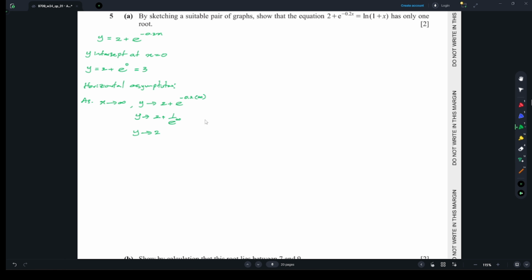Then let's also take x goes to negative infinity. Then y goes to 2 plus e to the power minus 0.2 times minus infinity, so minus minus is plus infinity. e to the power plus infinity is infinity, plus 2 is again infinity. So y goes to plus infinity.